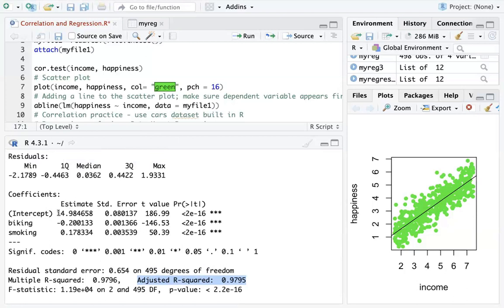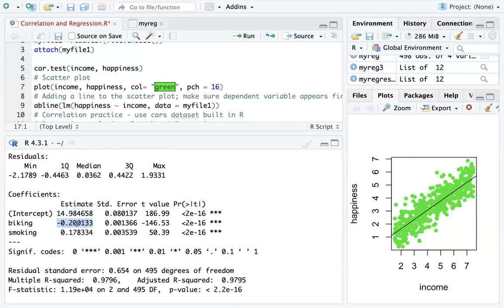Then another piece of information that we will use is the intercept. The intercept is 14.98, which means that when x is 0, the value of y will be 14.98, or if you round it off, about 15. And the next thing is biking. This is the slope of biking.